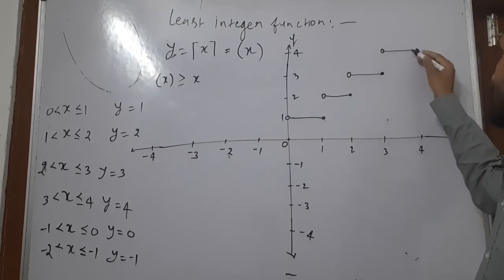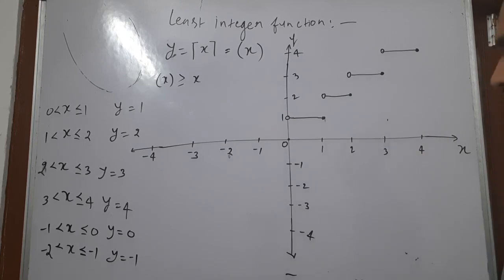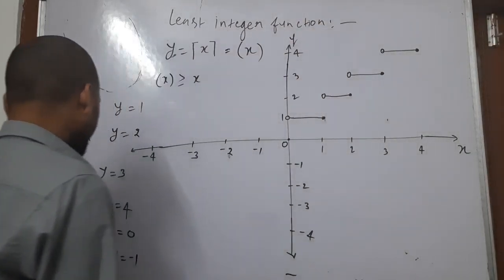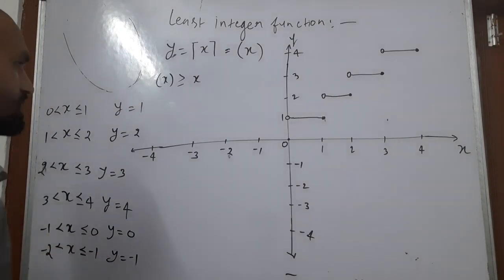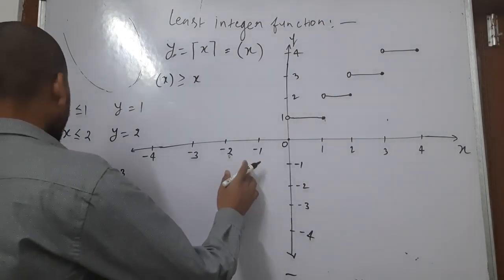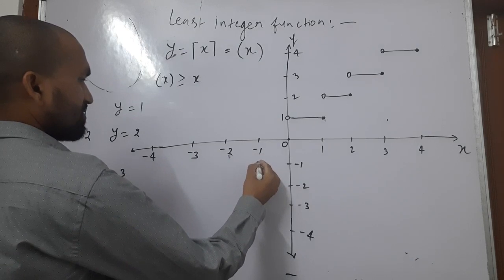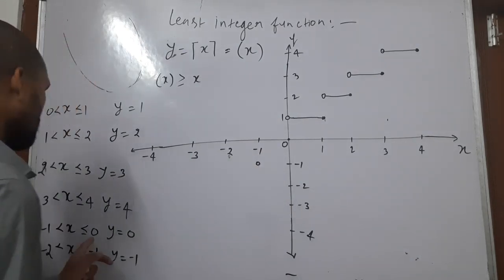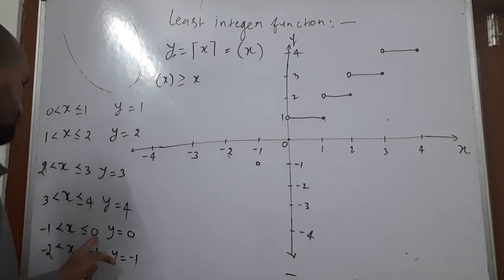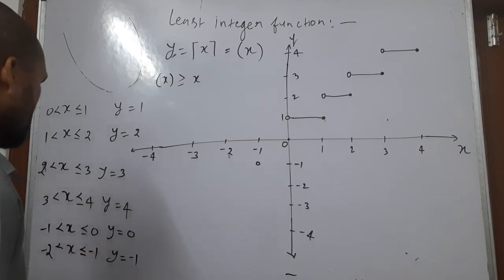Now join this. Okay friends, similarly for negative values, -1 is not included, so we take a hollow circle in front of -1, and here 0 is included, so we take a darkened circle in front of 0 and the value is also 0.